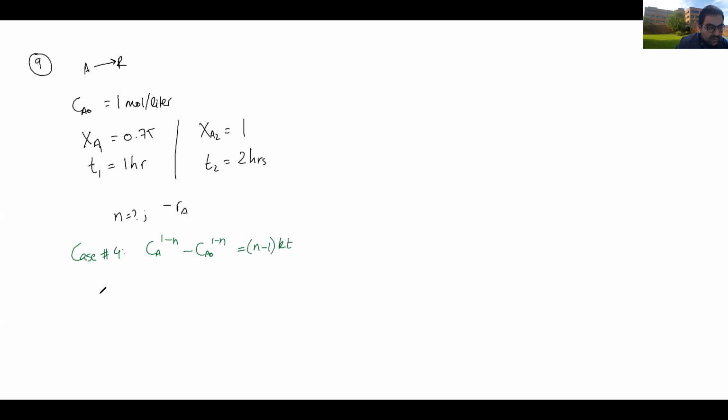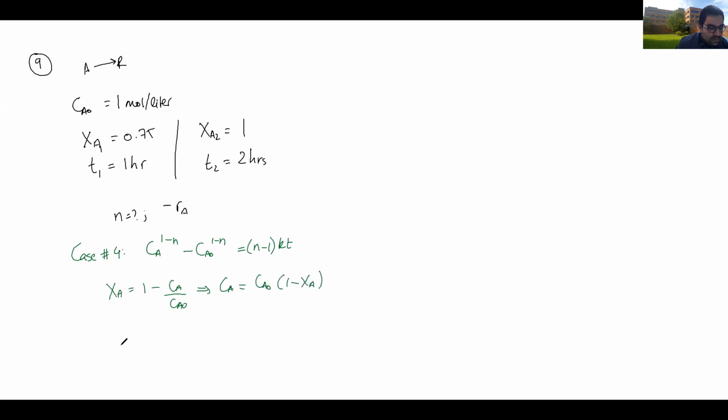And if I'm going to rewrite it in terms of conversion, so if you remember, XA is equal to 1 minus Ca over Ca naught, which means that Ca is equal to Ca naught into (1 minus XA).